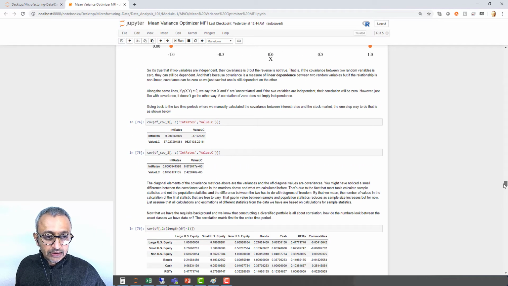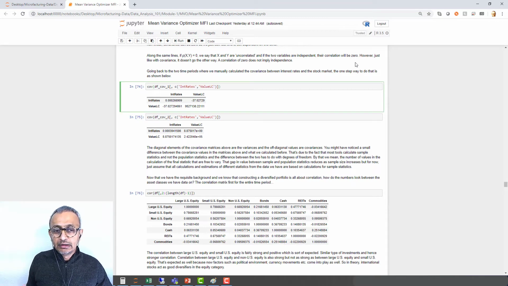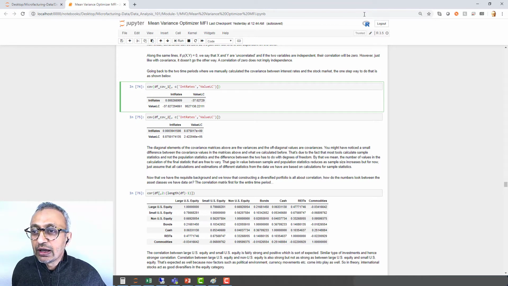Going back to the two time periods we were looking at, where we manually calculated the covariance between interest rates and the stock market, we did it manually before, but now we are using this cov function. By the way, I'm using R as a tool, and you're going to be using Python.